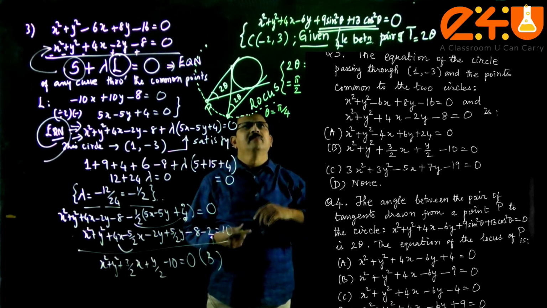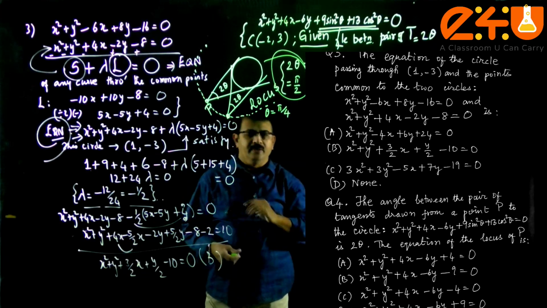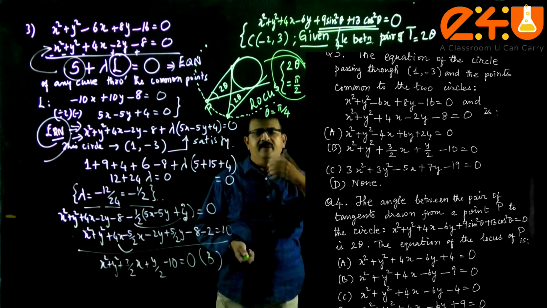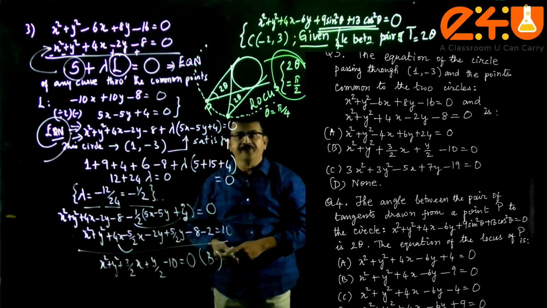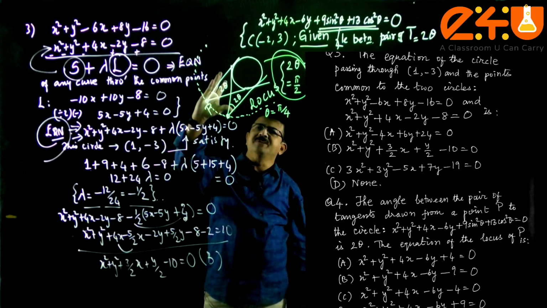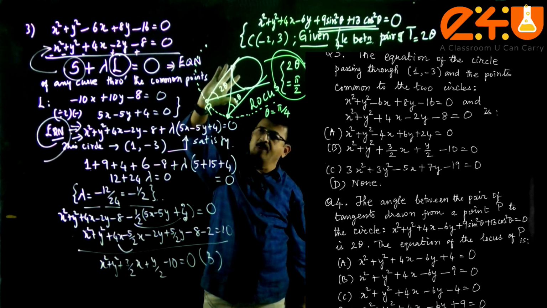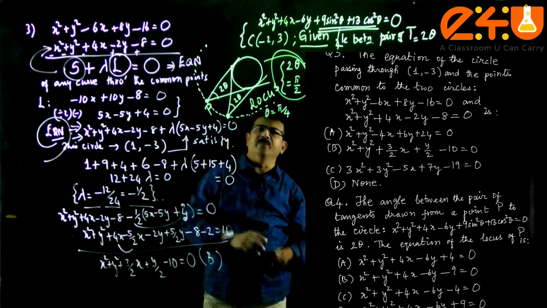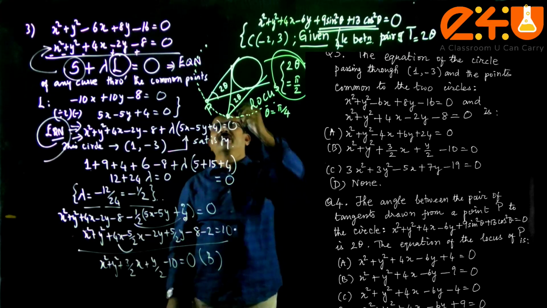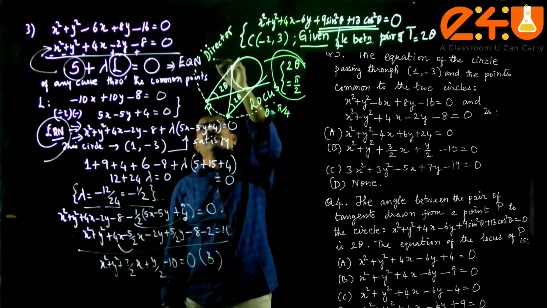And I want to again bring the basic theory back into your memory. What about this angle pi by 2? If you imagine the locus of points making angle pi by 2, where the angle between the pair of tangents is pi by 2, then this locus is the director circle locus.